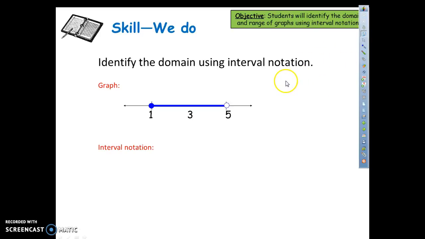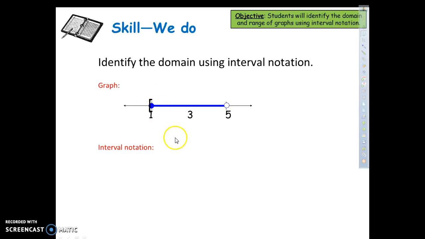Now, if we want to go ahead and identify the domain on a graph using interval notation, we can tell graphically if we're going to use brackets or if we're going to use parentheses. So here for our first example in our notes, I have a closed dot. When we have a closed dot, we're including that value.